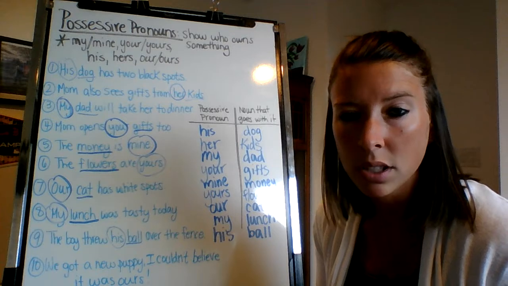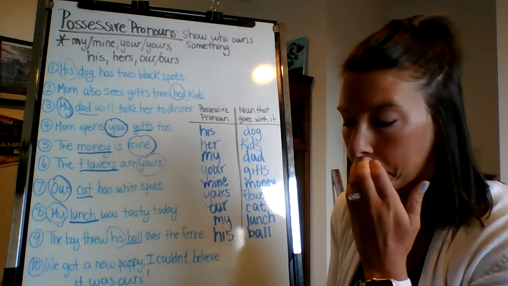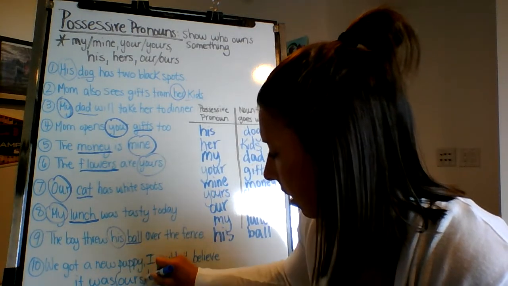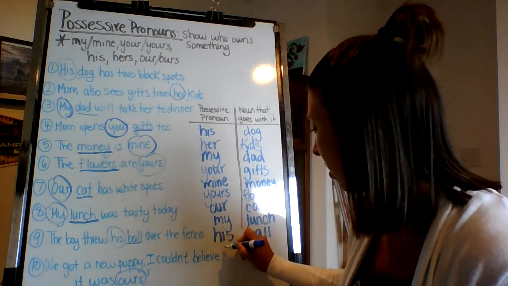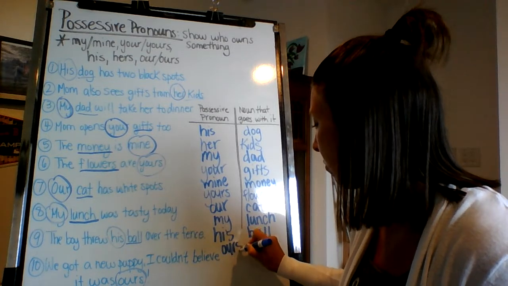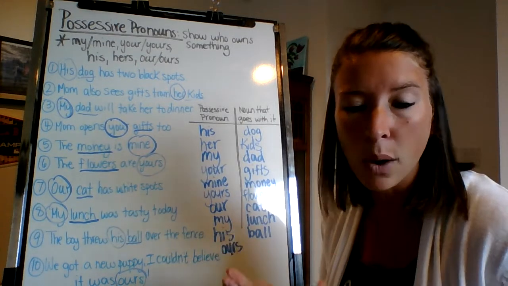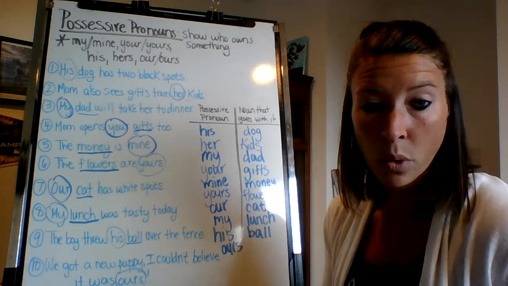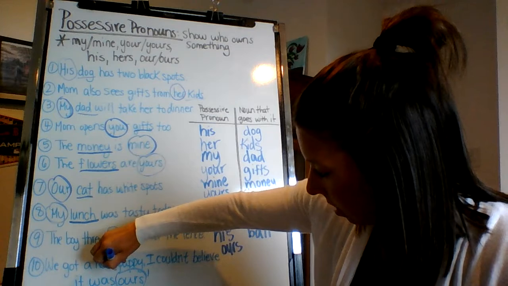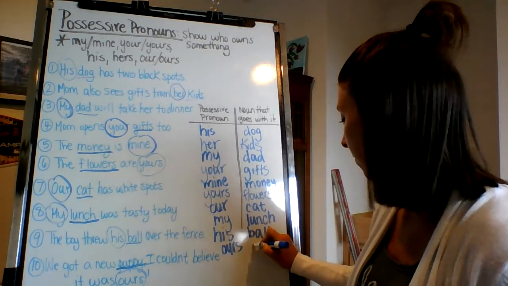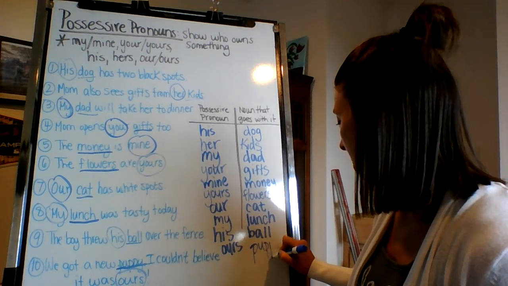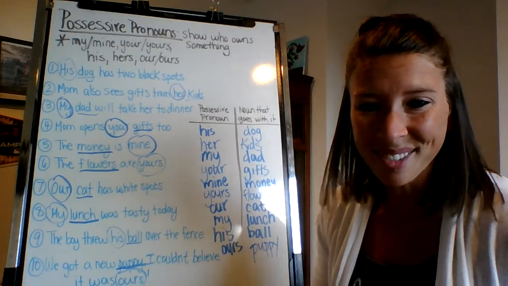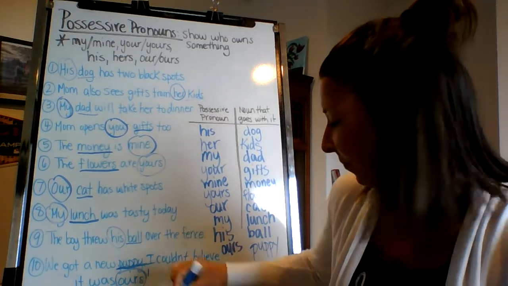Something that shows that they own something. Ours. There's our possessive pronoun. Now we got to think, well, what is ours in that sentence? It's not right next to it this time, is it? What is ours? Right? Puppy. Those ones were not right next to each other.